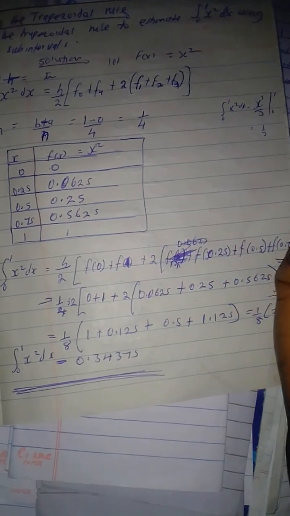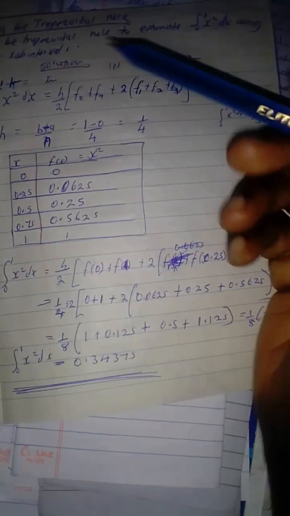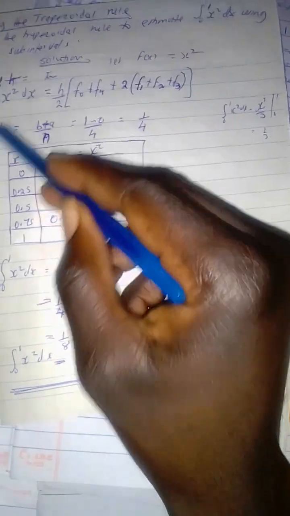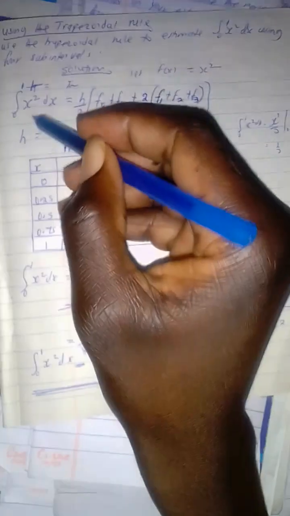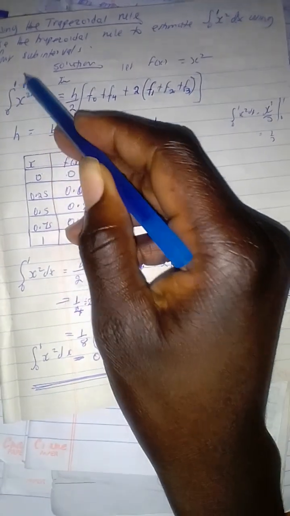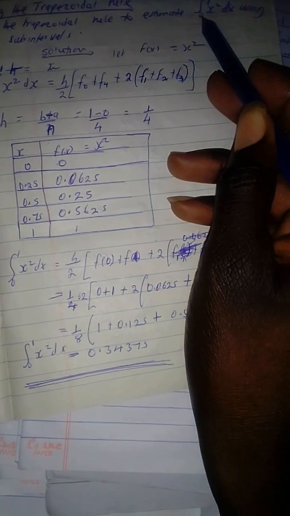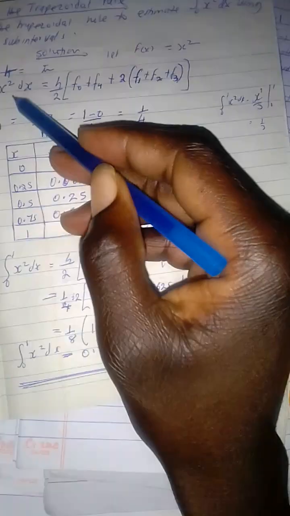Remember, for the trapezoidal rule, it says that when you are integrating a number, let us say from a to b, for this number it is from 0 to 1.